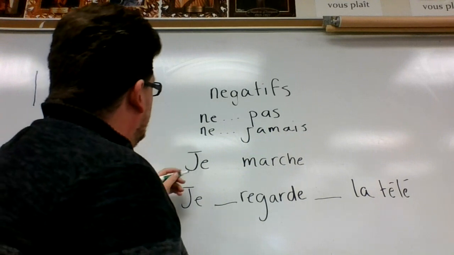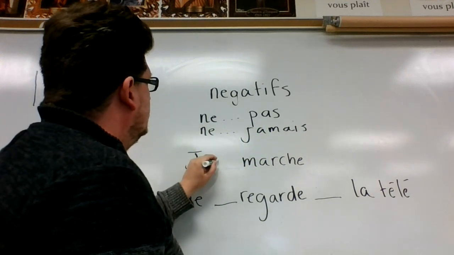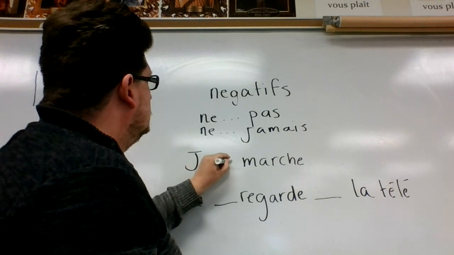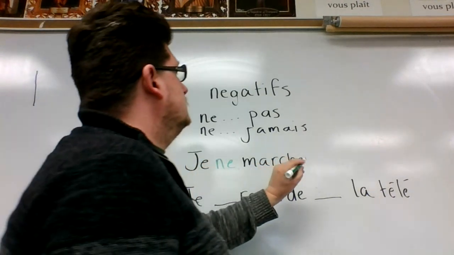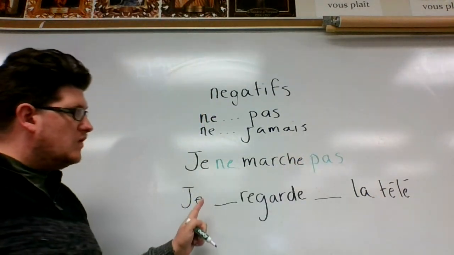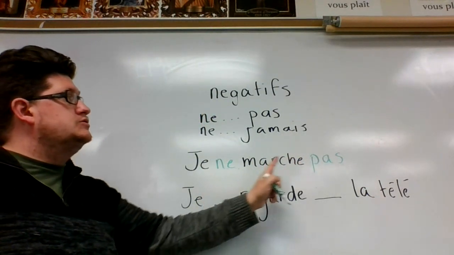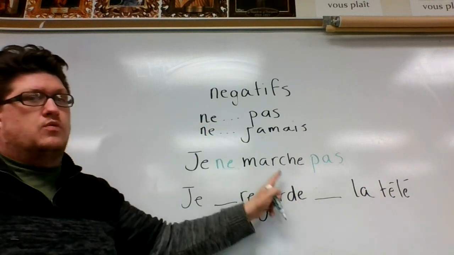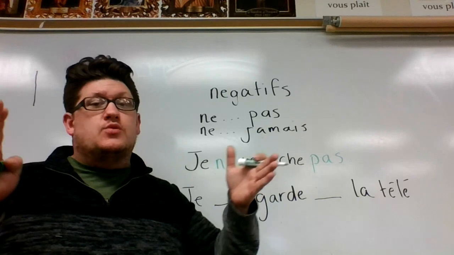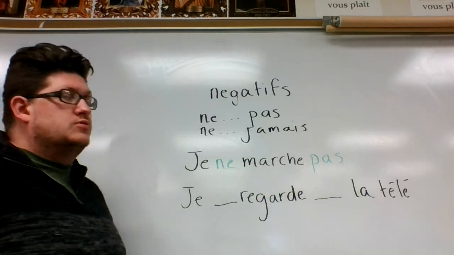Okay, so this one comes first, always. Toujours, toujours, always comes first. Je ne marche, and then pas. Right? So I do not walk. You're negating the verb walks, right? So whatever you want to say you are not doing is what you would negate, right?